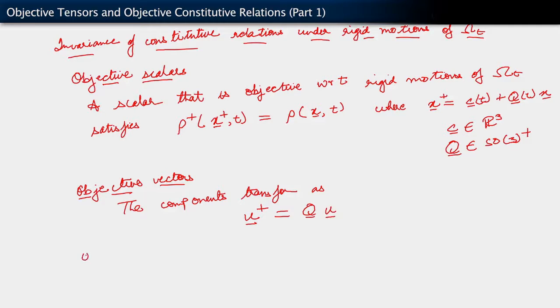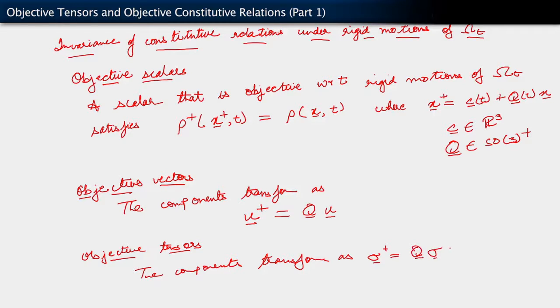All right, and objective tensors, the components transform as sigma plus equals q, the matrix of components without the rigid motion, q transpose. Okay?